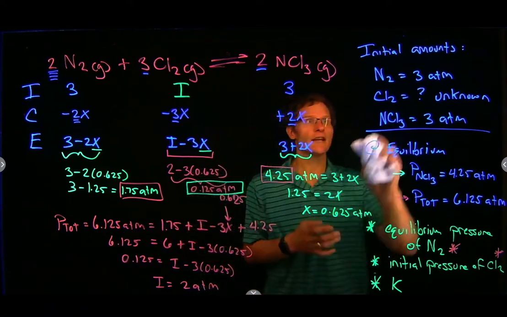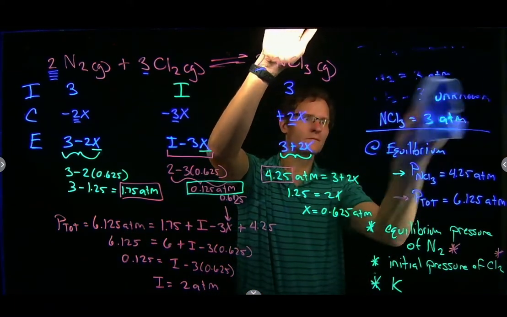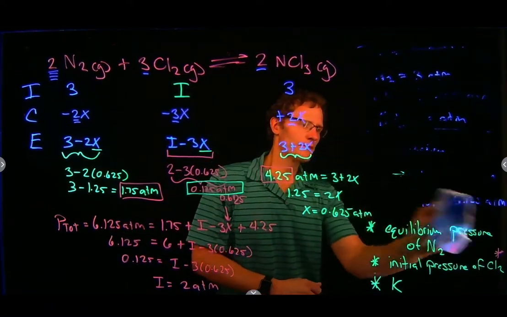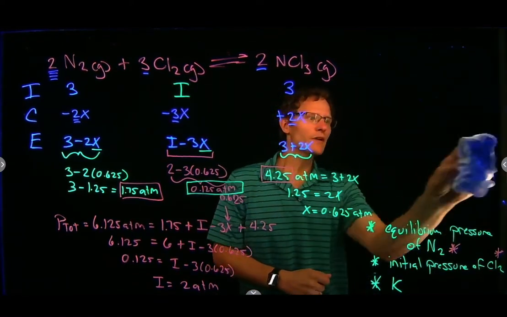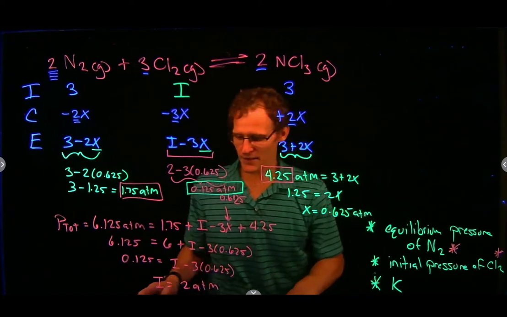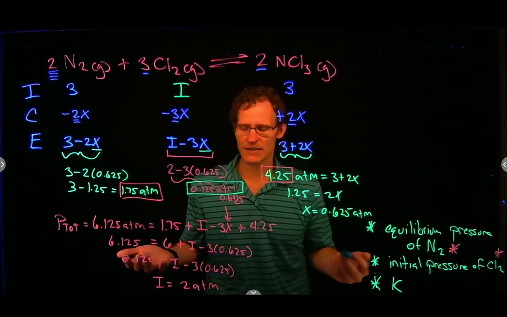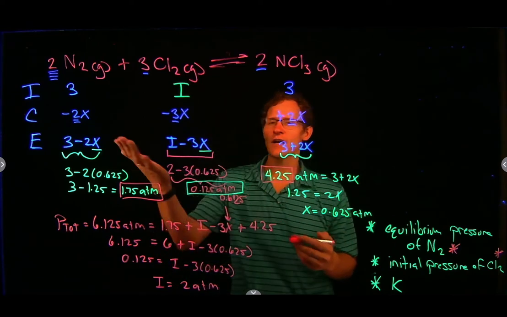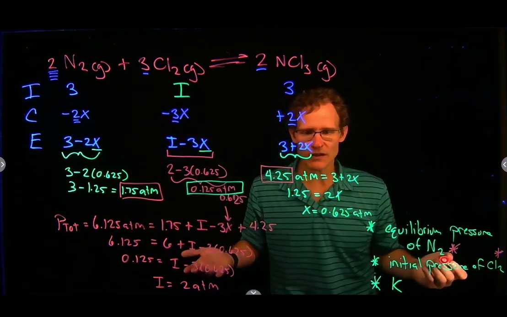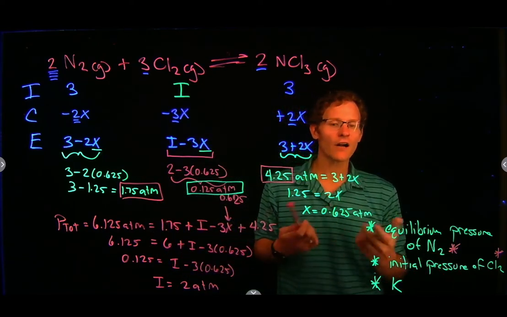Let me go ahead and create some space here. So we know that our equilibrium constant looks just like it does using any other approach, right? It's the same as we see using our concentration approach.